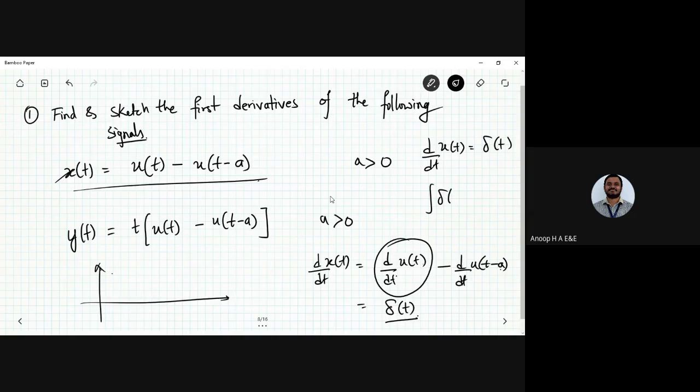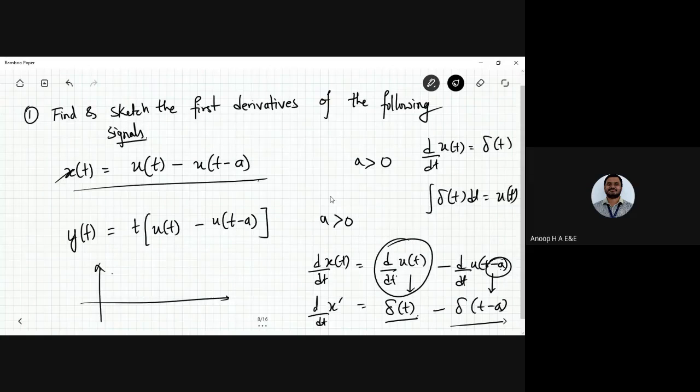Conversely, if you integrate over a time limit, you are going to get the u of t signal. And this would be again delta of t minus a, where t is being changed to t minus a there. So this would be the first order derivative.